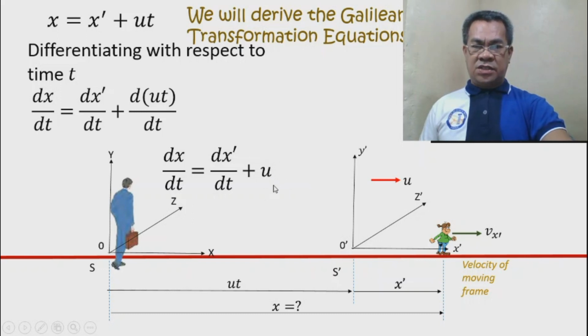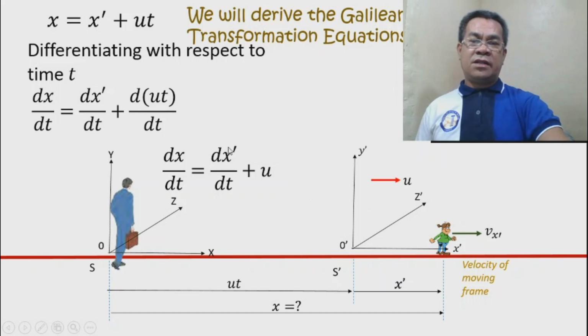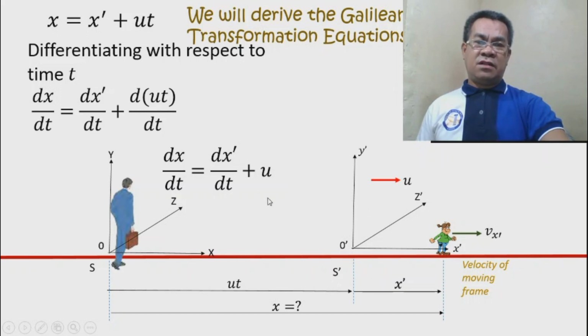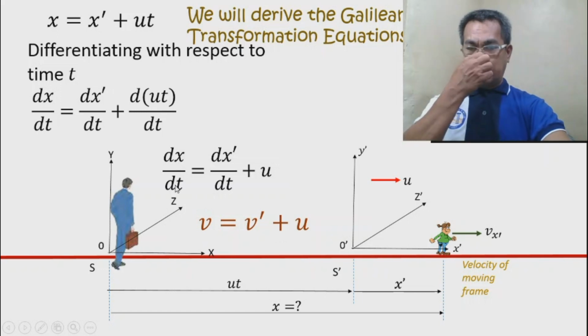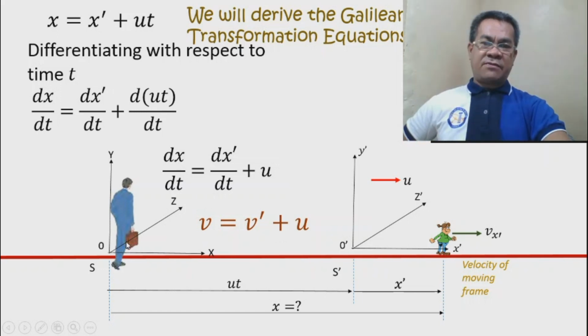Take note, u is the velocity of the moving frame, while dx prime over dt is our v prime, the velocity of the particle inside the moving frame, while v is the velocity according to the rest frame.